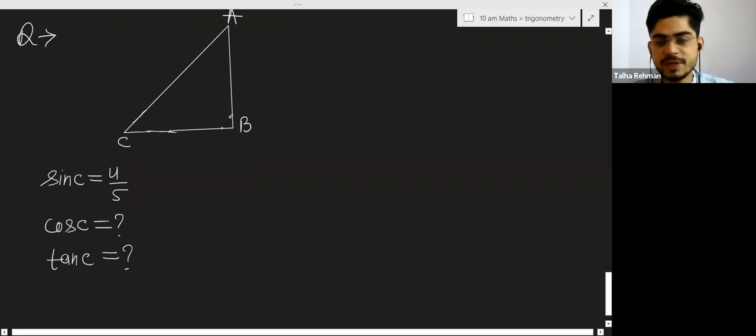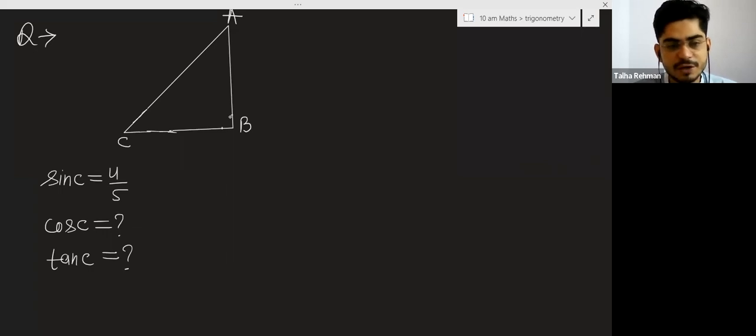Sine C is given as 4 divided by 5, and we have to find the value of cos C and tan C.